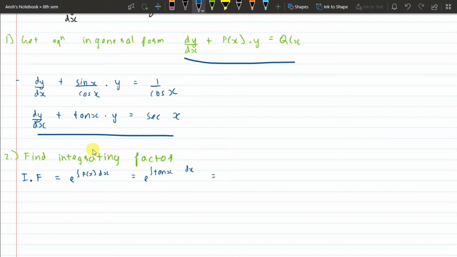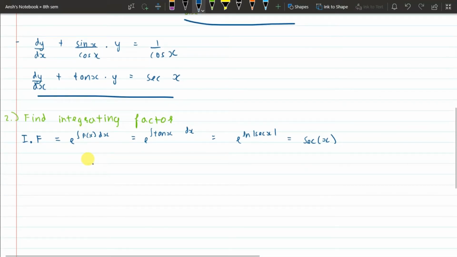The integral of tan x is log of sec x, and this is just a common integral that you should know. And again, right here, the exponential and the log terms cancel out, and what you're left with is just sec of x. So the integrating factor, as I mentioned, is e to the power integral of p of x.